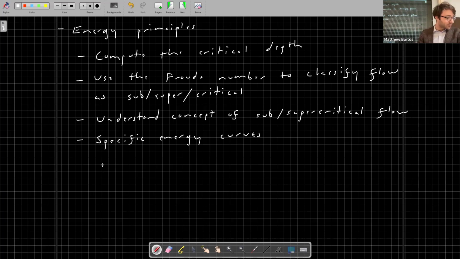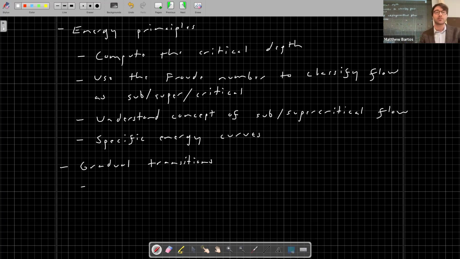Next set of topics correspond to gradual transitions in flow. So these refer to things like changes in the bottom elevation, changes in the channel geometry, and how the flow adjusts to those changes.